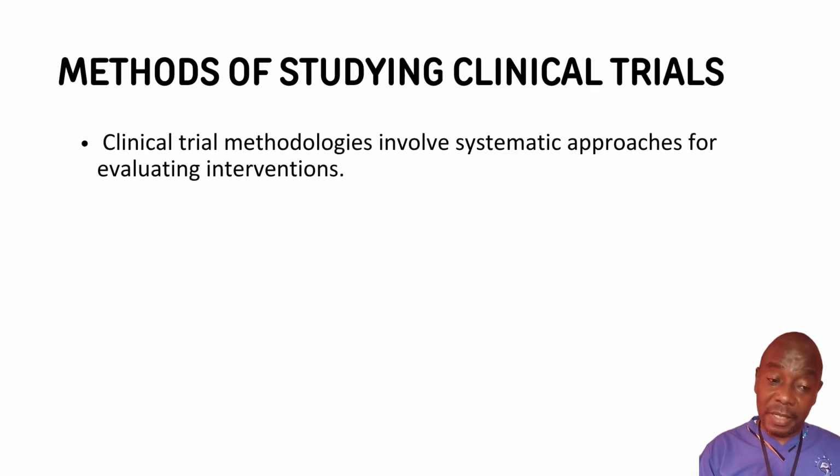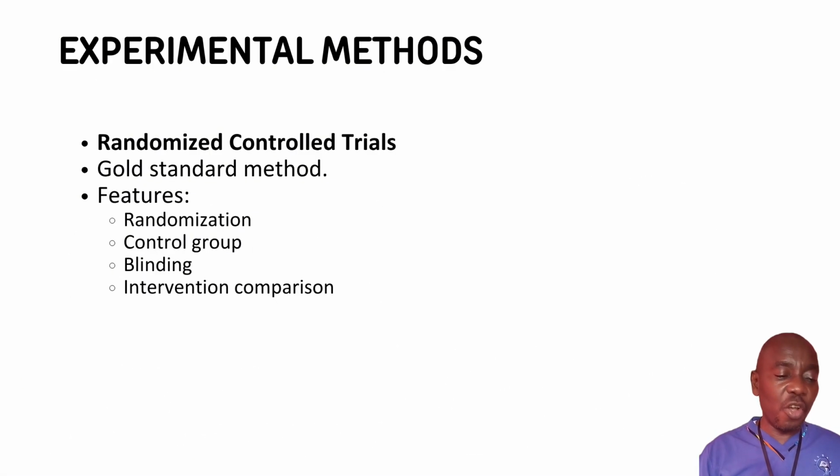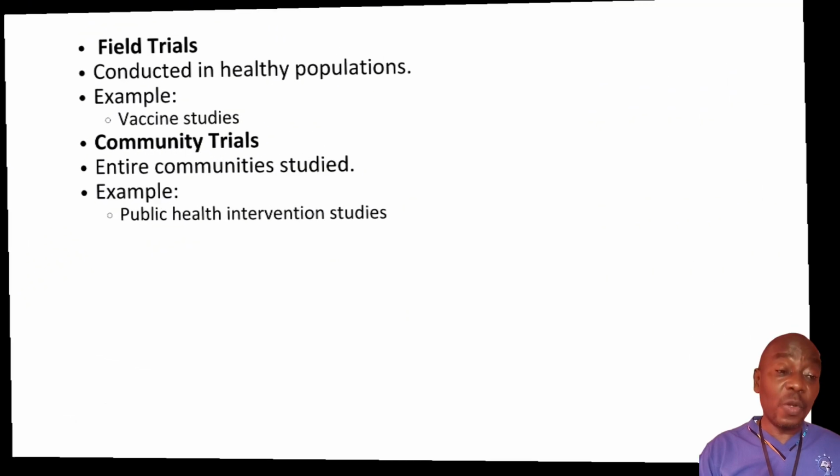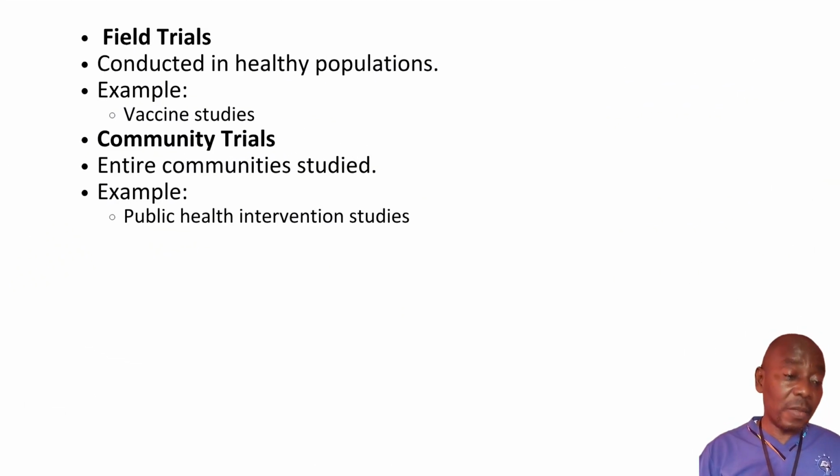So, methods of studying clinical trials, we're going to close with that. We've already talked about randomized clinical trials before, and then issues of randomization, control group, blinding, and comparing interventions. Okay, there are field trials, conducted in the general population. Community trials, where the entire community is studied.